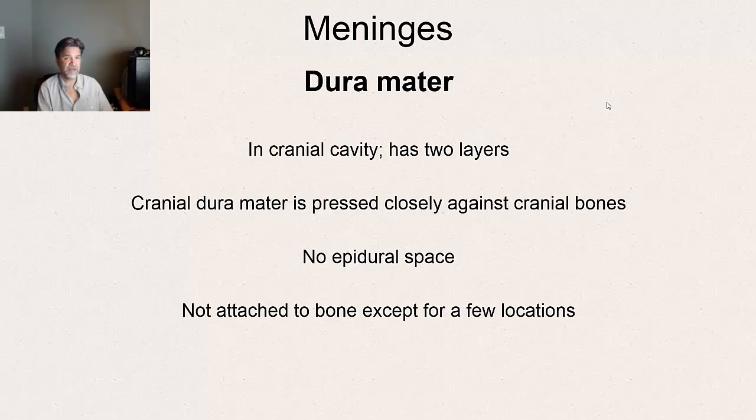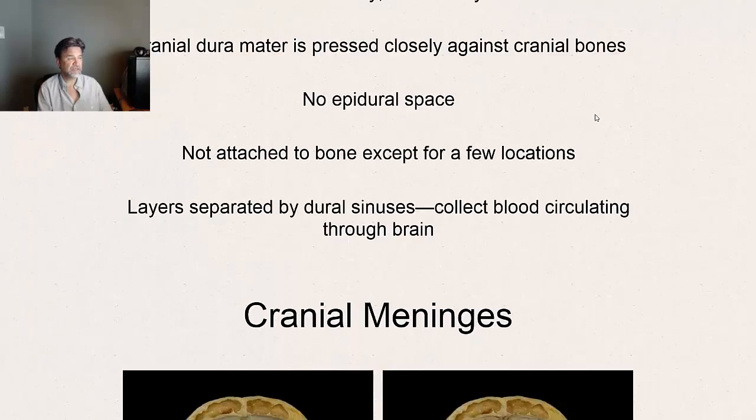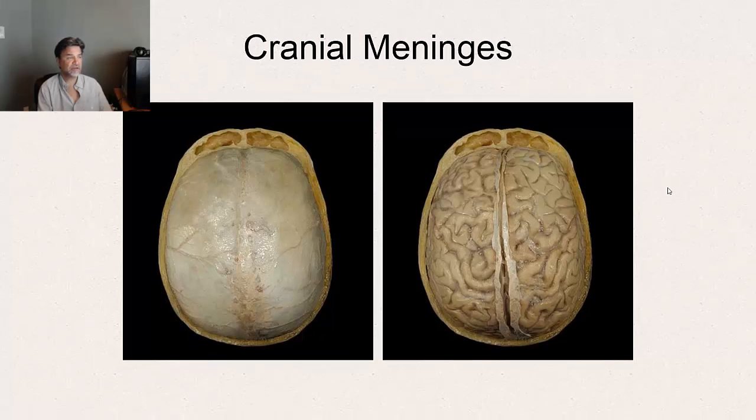So because of the way they are very closely associated with the cranium, there is no epidural space. Right? So the layers, though, will actually separate in certain regions of the body, and we'll discuss those, of course, in more detail. So there you see the meninges, the dura mater, and the lighter covering of the arachnoid mater.